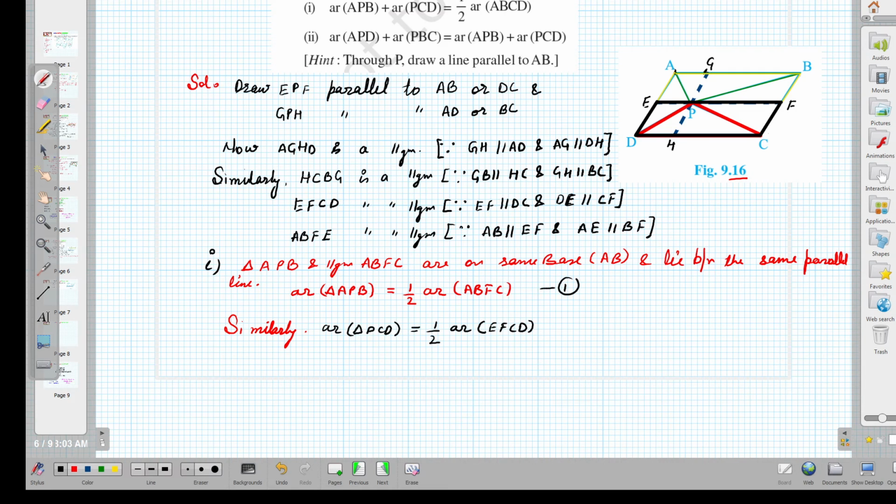We can say this is equation number 1, this is equation number 2. So from first and second, what we'll have? Or we can add both. We can have the addition, right?